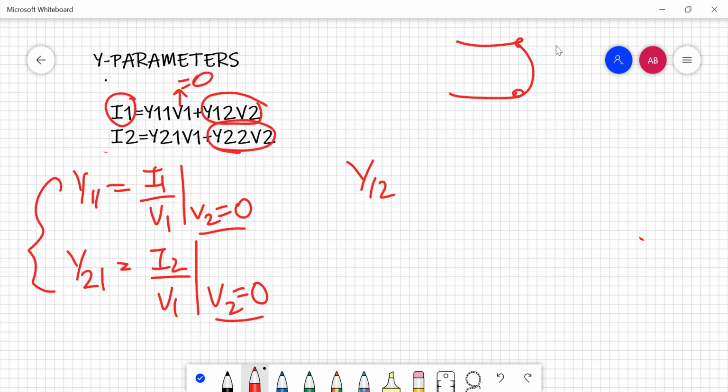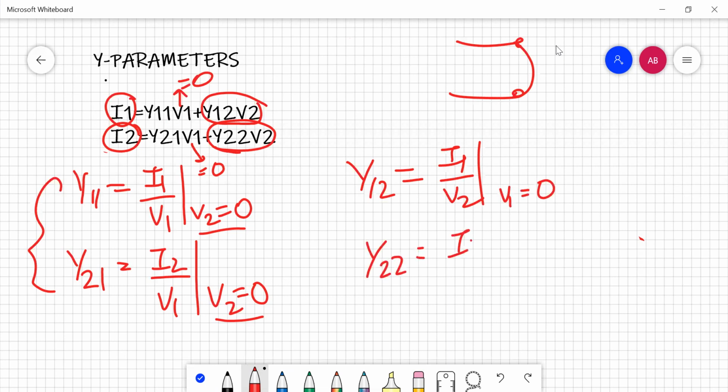Similarly, we concentrate on this and this by making v1 equals to 0. So y12 will be equal to I1 upon v2 for v1 equals to 0. Similarly, y22 will be equal to I2 upon v2, again for v1 equals to 0.